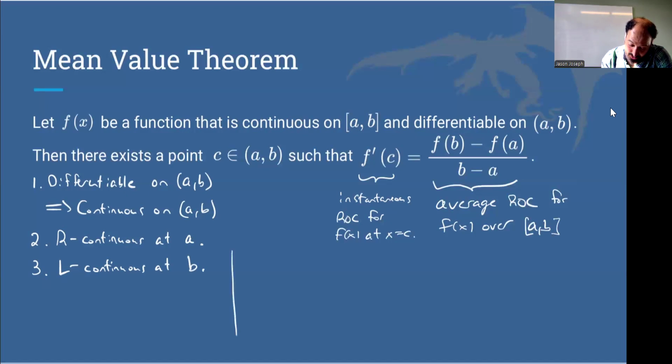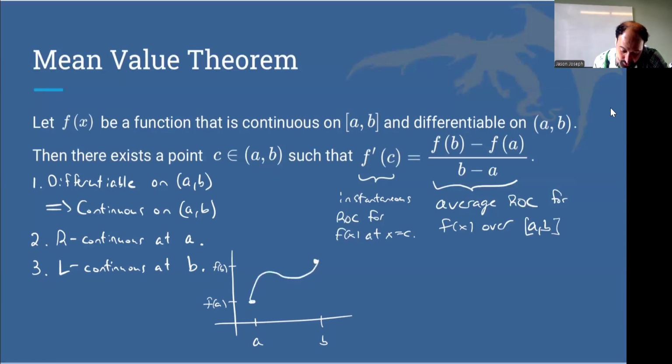So let's draw a little picture. So maybe this is f of A, and this is f of B. And my function's just doing what it's doing in between there.